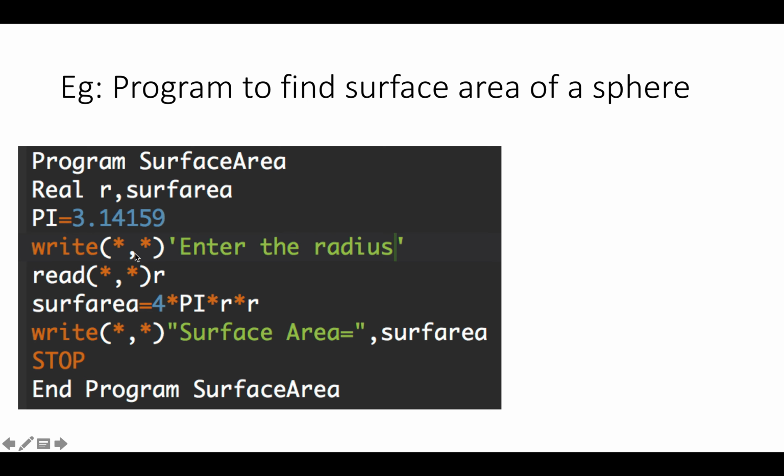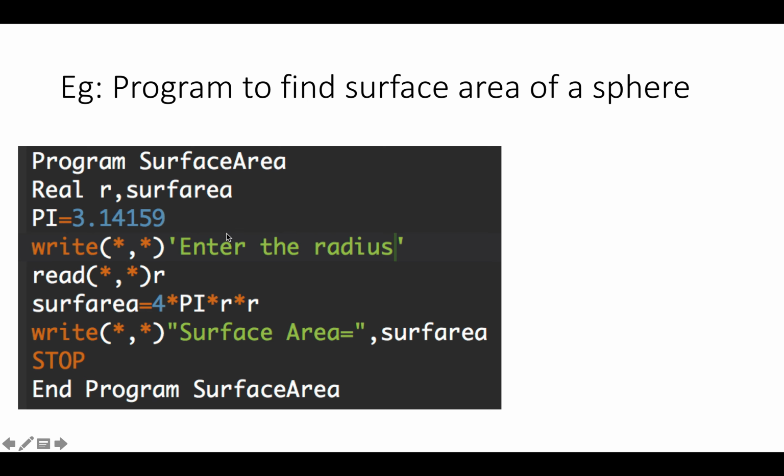For calculating surface area we need the radius, so I print a prompt for the user to enter the radius and read that radius into variable r. Now surface area is defined as 4 pi r square. I have written this expression in Fortran, and finally the surface area is printed onto the screen with this statement. Then stop and end of the program.